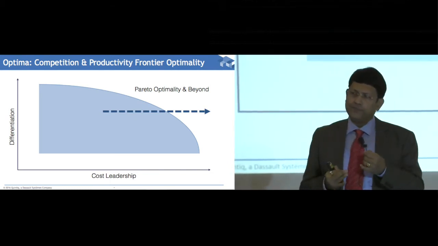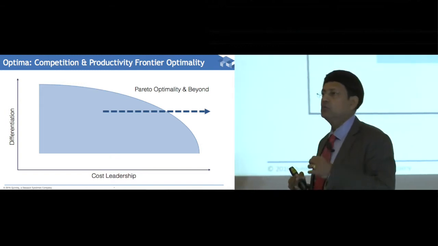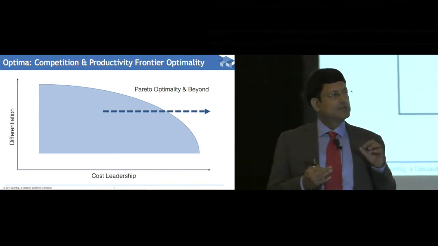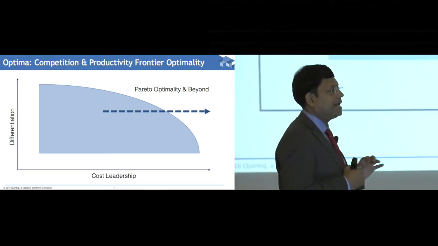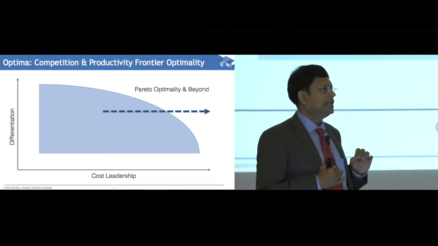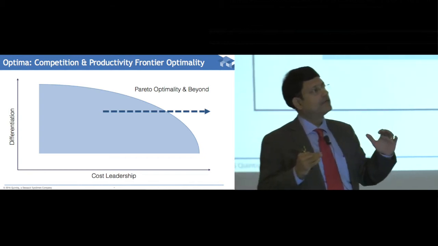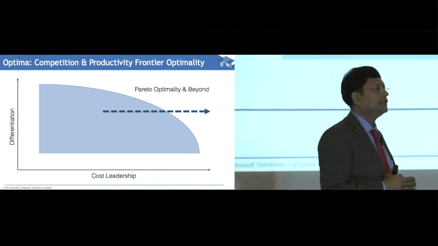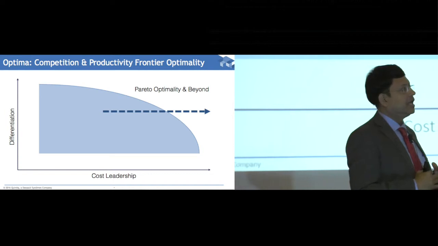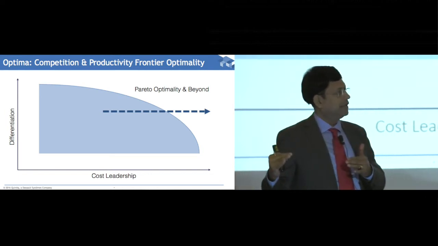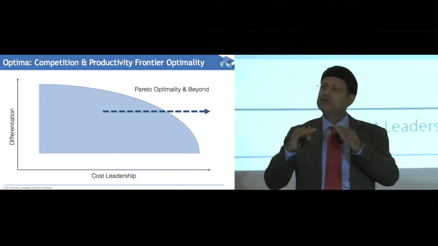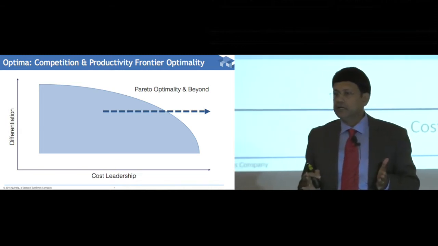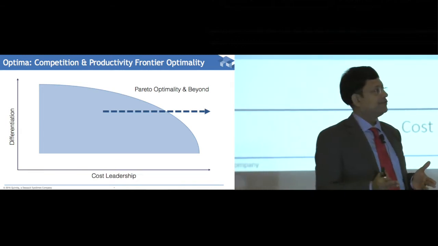Much later on, in the year 1982, it was Michael Porter who brought in the concept of competitive advantage. He brought in the concept that if you have two objective functions, for example differentiation as one objective function and cost leadership as the other, then the best way to optimize would be to be on the productivity frontier. Look at this productivity frontier that I've drawn.